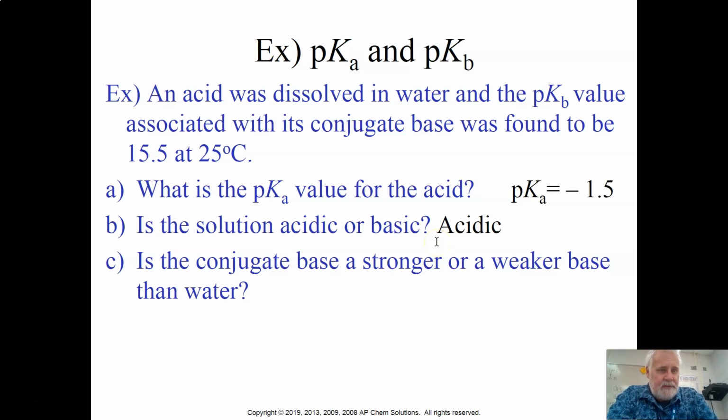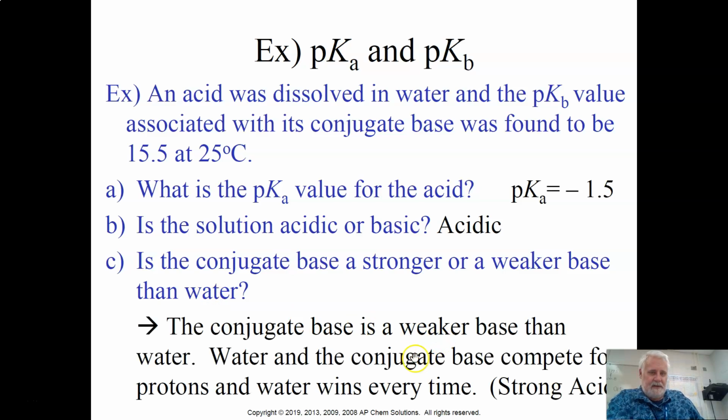Okay, as we mentioned, it's kind of like pH. When it's small, it's going to be on the acidic end. Now, this one we're just going to kind of answer for you. Is the conjugate base a stronger or weaker base than that of water?